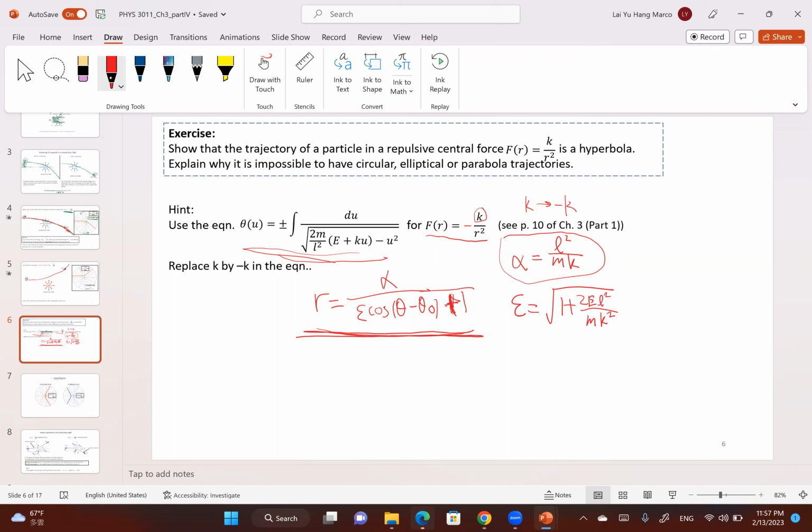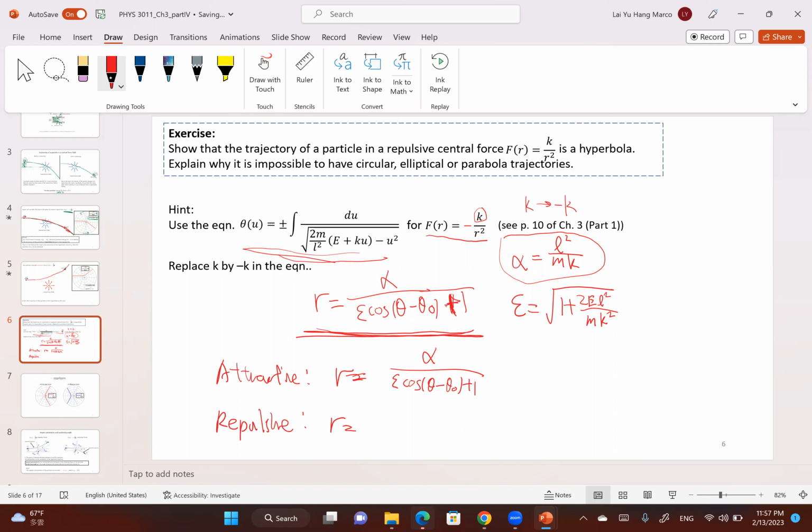So that is to say, for attractive force, and this is repulsive force.